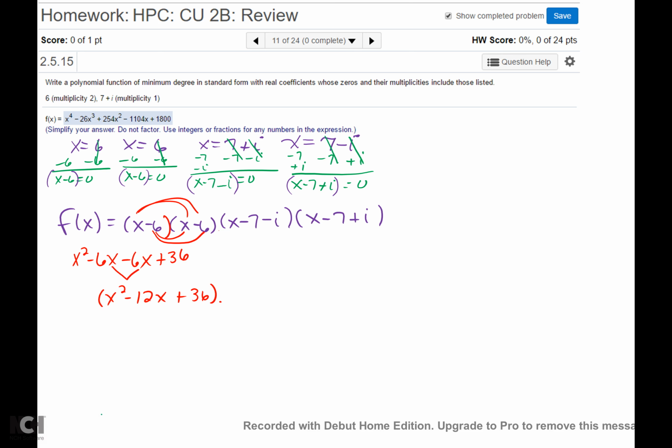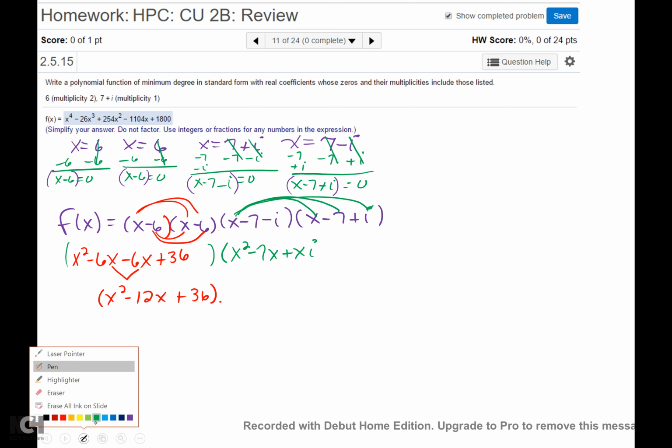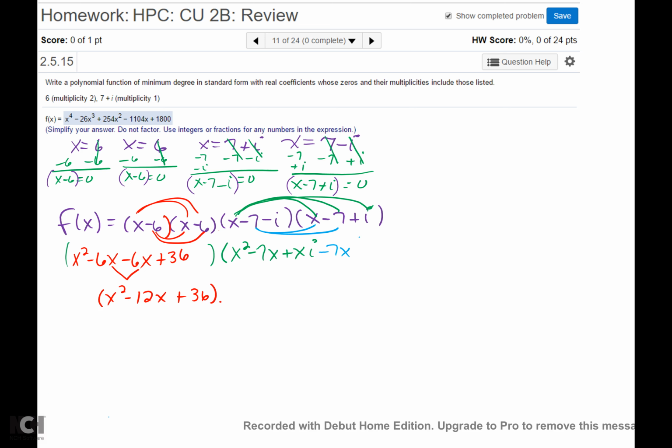Okay, now I'm going to do the last two. I'm going to put that in parentheses. X times x is x squared. X times negative 7 is negative 7x. X times positive i is positive xi. Negative 7 times x is negative 7x. Negative 7 times negative 7 is positive 49.